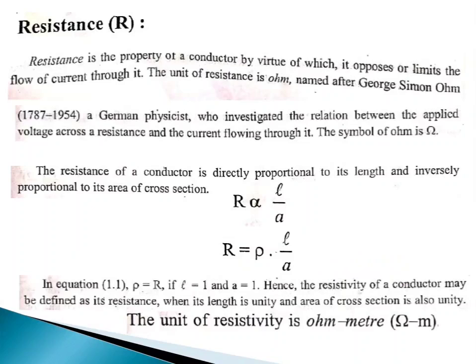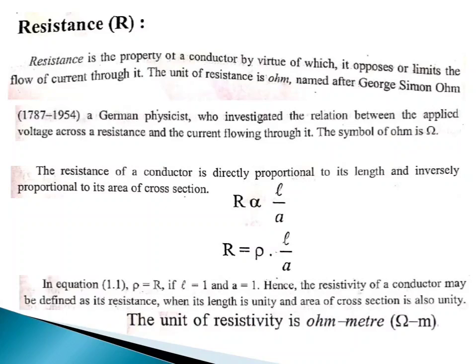The current flows through the conductor, which we call a wire, and resistance is the property of the conductor that limits the flow of current. The unit of resistance is called the ohm, because this parameter was identified by George Simon Ohm. On his name, the unit of resistance is called ohm. The symbol is also as shown here.